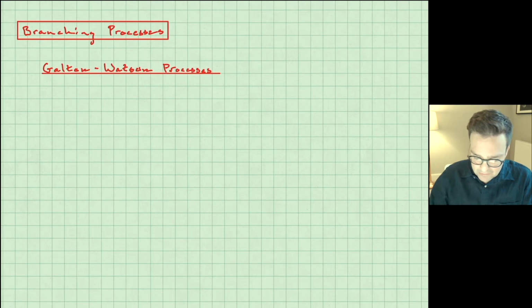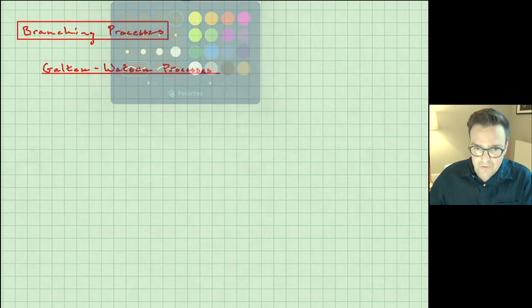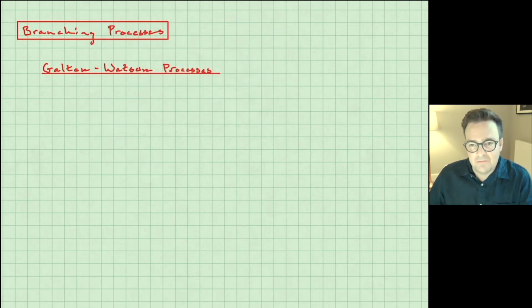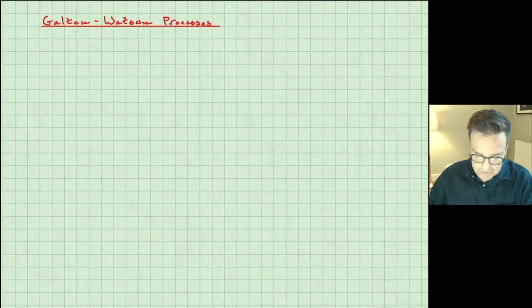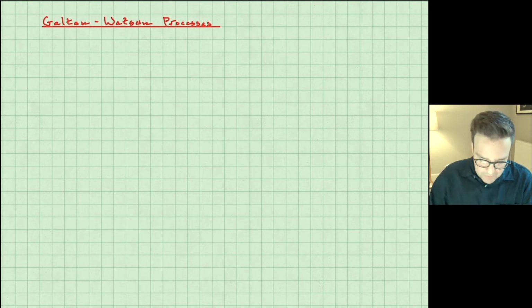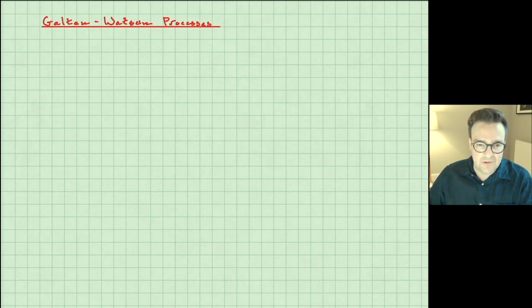I introduced it last time, and I'm going to introduce it again and give some more careful notation for what this is about. So the idea is we want to think about some sort of population of objects like particles or people or other things.